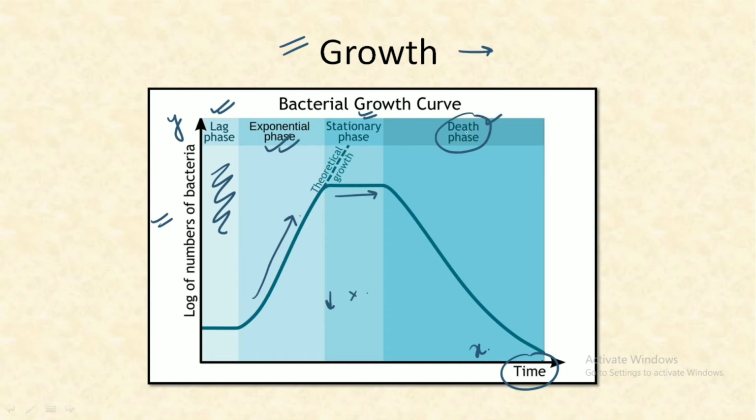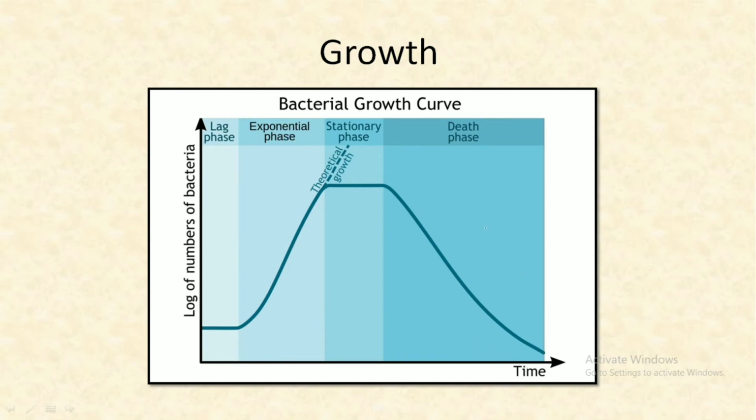This is the reason the bacterial population enters into the death phase, where we can see a sharp decline in the number of bacteria. The reason is that there is not an ample amount of resources present to supplement the bacteria with growth components, and hence the bacteria die in the death phase. So we can see we have four main phases.